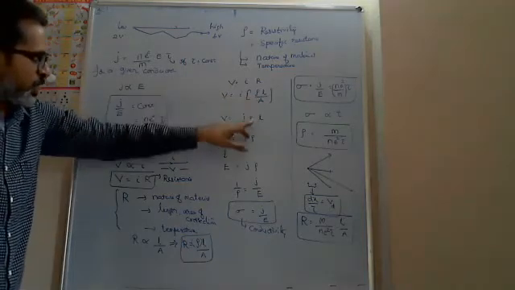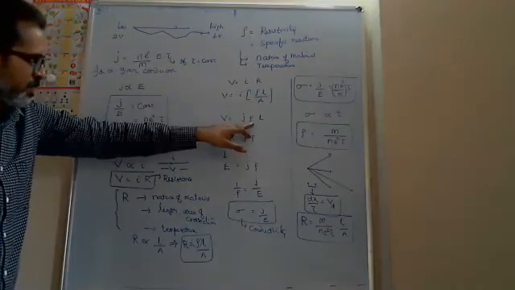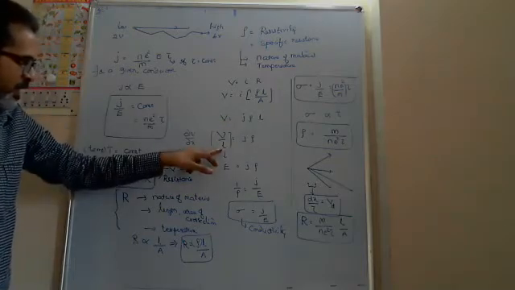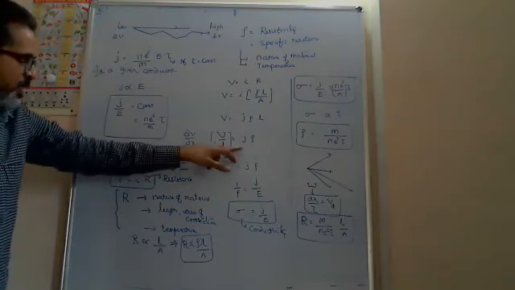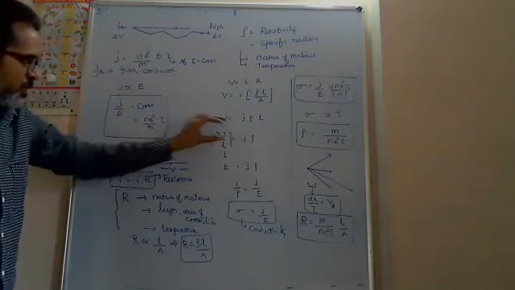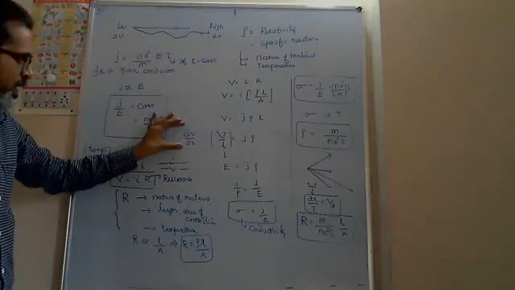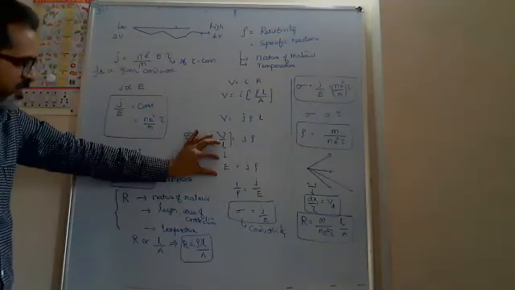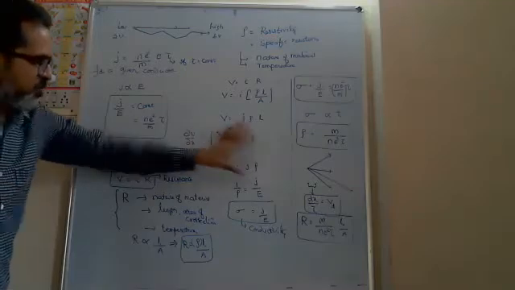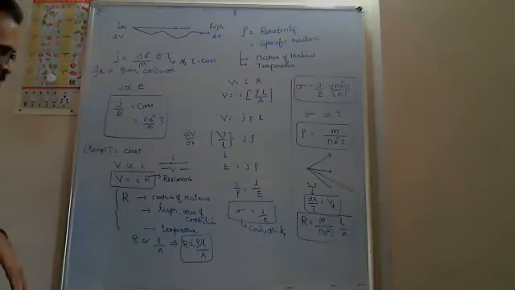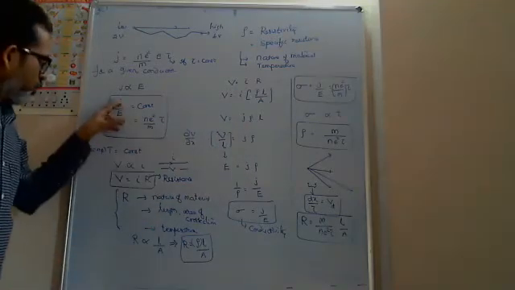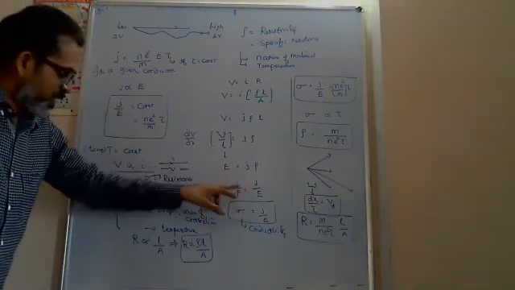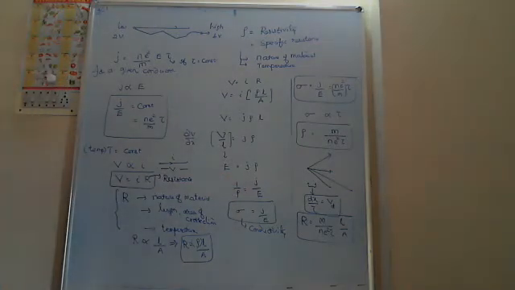So V is equal to J into rho into L. Then L is taken to the other side. V by L is equal to J rho. This is in the form of dou V by dou X, so V by L is E. E is equal to J rho. Therefore, you require J by E. So J by E is equal to 1 by rho.